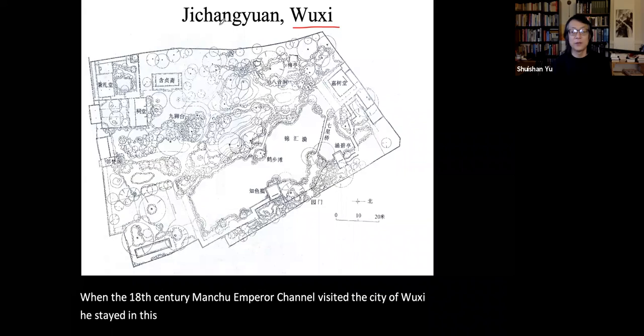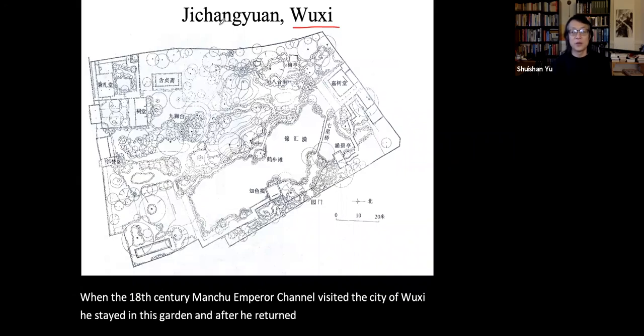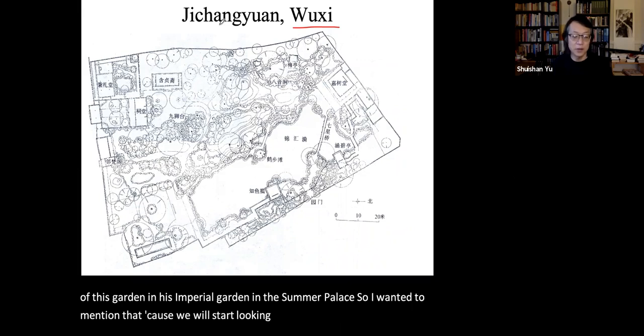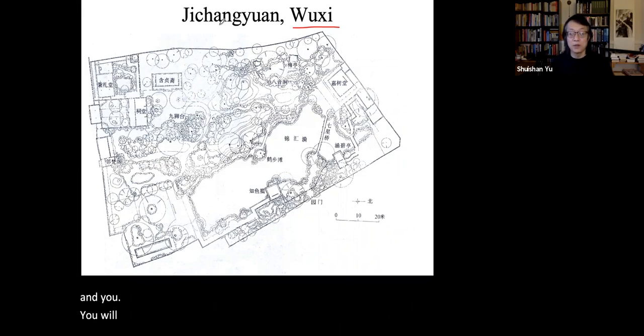And after he returned to Beijing, he ordered a copy of this garden in his imperial garden in the Summer Palace. So I wanted to mention that because we will start looking at the imperial garden, and you will see a copy of this garden in the imperial garden.